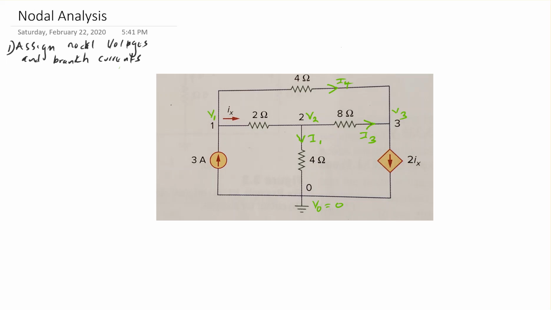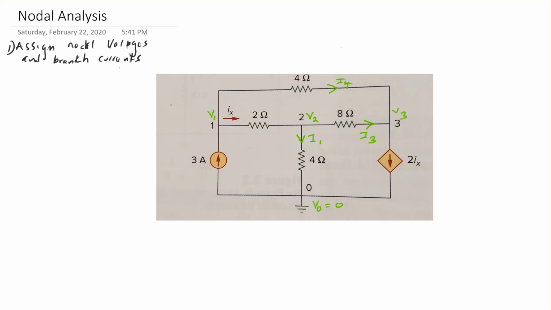So the first step in nodal analysis is done. We have nodal voltages with our ground node here, and we have direction for the current in all the branches, right?